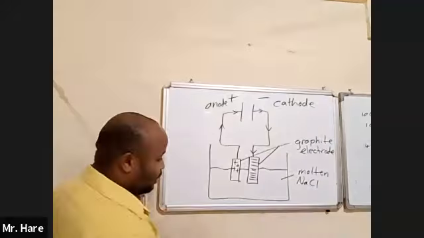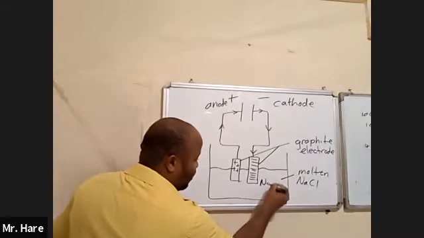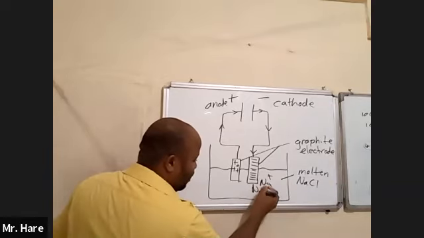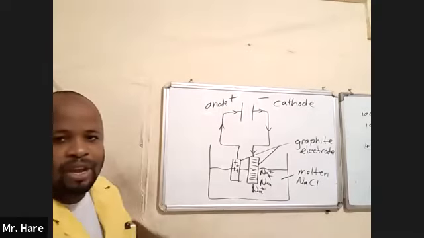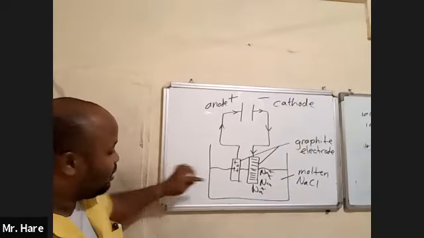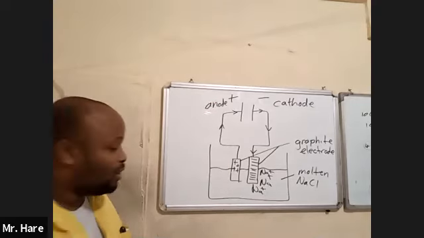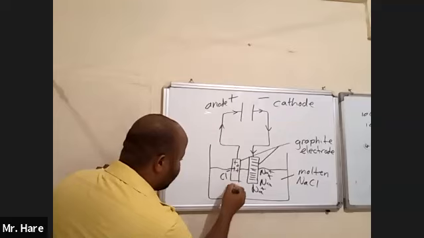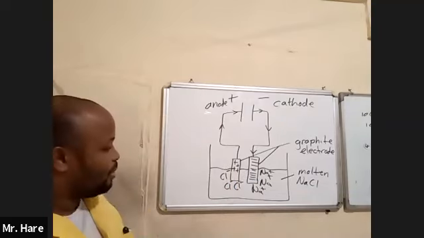And as a result, the positive ions in your electrolyte will accumulate around the cathode. And because the electrons are leaving the anode, it will develop a positive charge, and so the negative ions will be attracted to the anode.